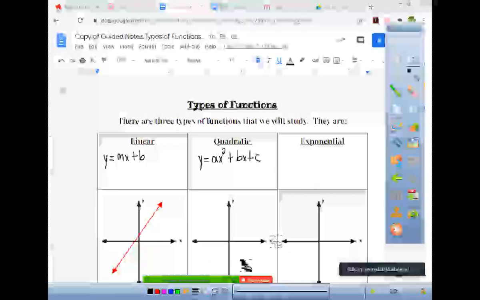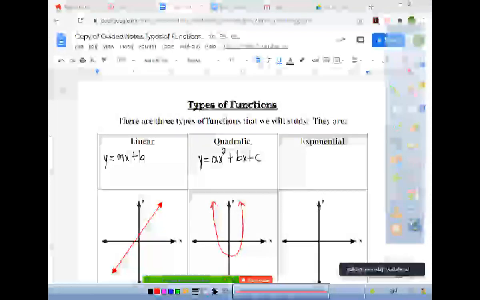When we graph a quadratic, it is a curve that has a U shape to it. So something like that. That is a quadratic function.